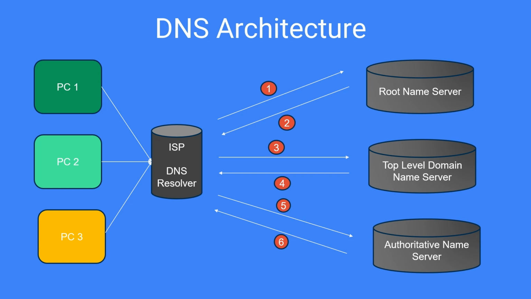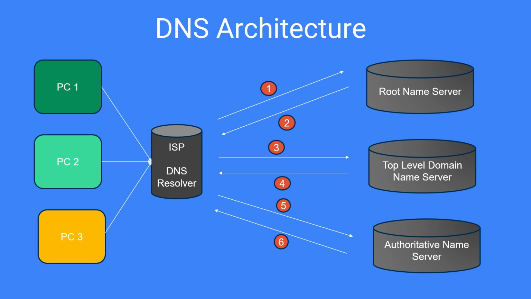But that is where it is going to start the parsing of the website from right to left. Normally we write websites while typing from left to right, but now parsing happens right to left. So at the end we see a dot which we might not see in the browser.